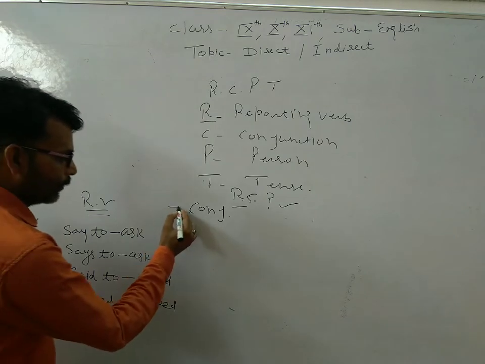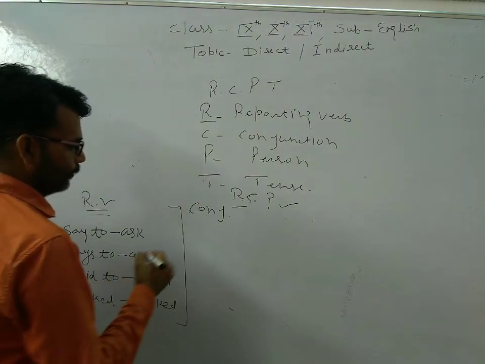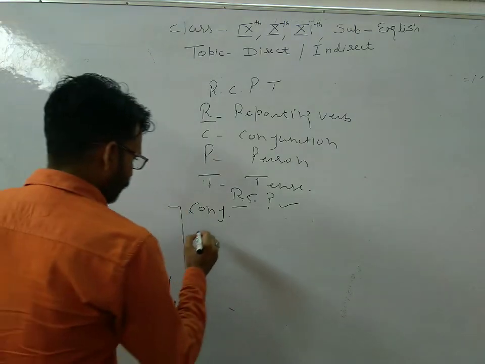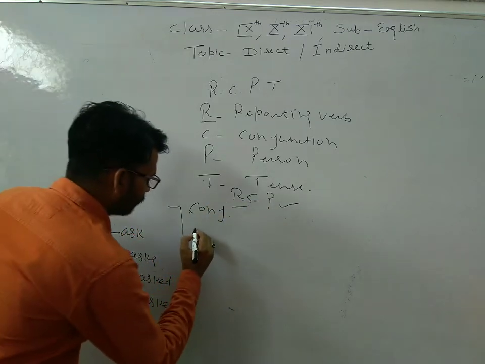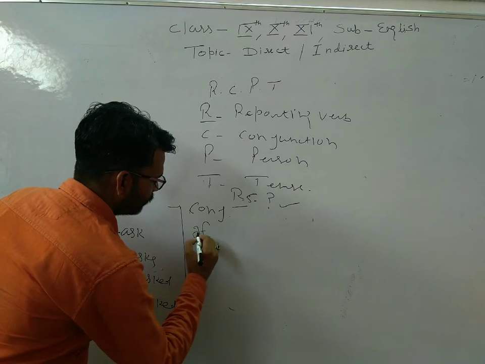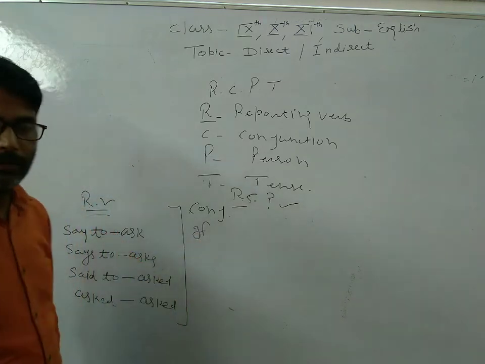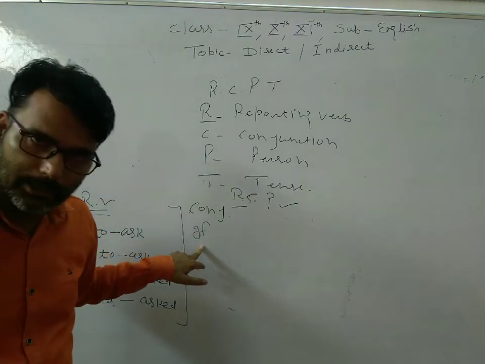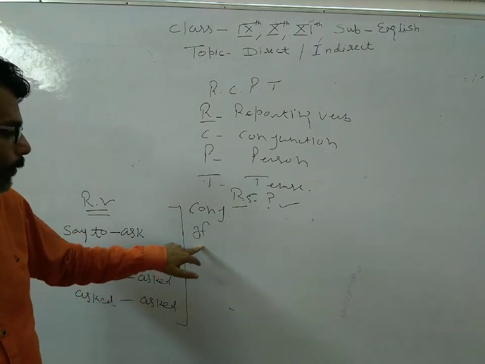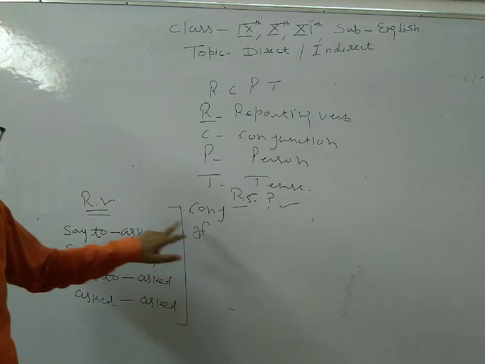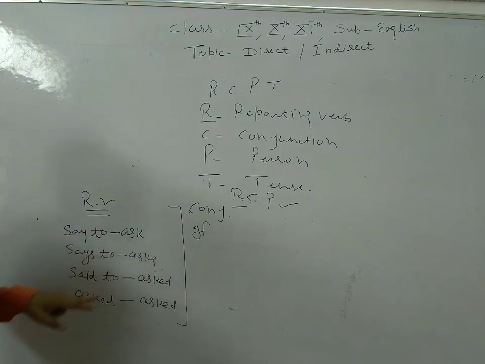Then with this you have to put the conjunction also. So first in the interrogative sentences, students, we use if conjunction. When we are going to do the narrations, we put if conjunction in the interrogative sentences.